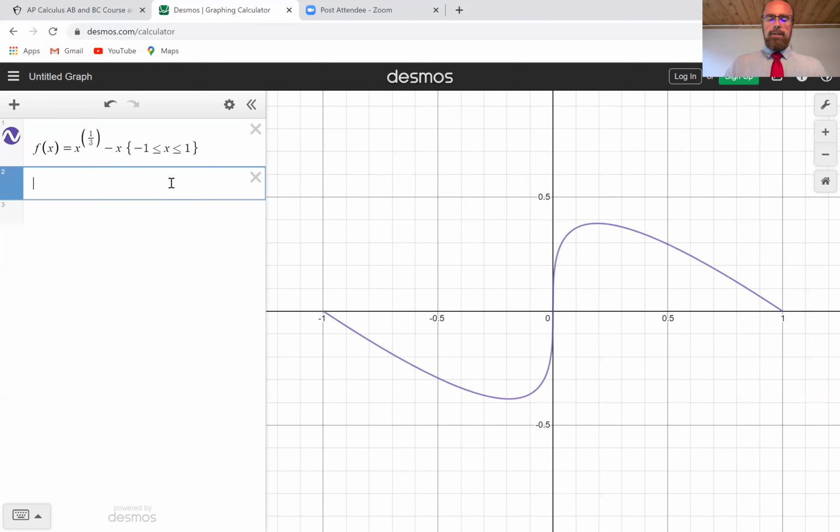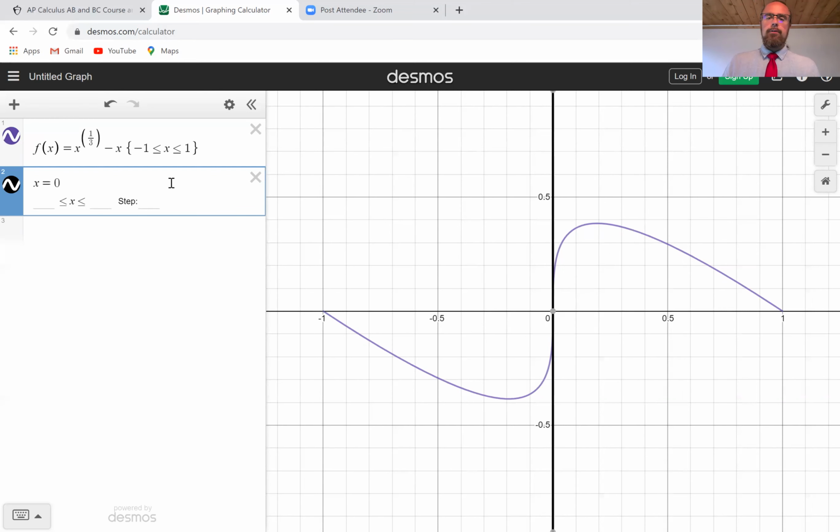Let's go ahead and just place it. It is the line x equals 0. And because the tangent line is vertical here, the function is not differentiable at the x value of 0. And so although this function satisfies the first criteria, it fails the second criteria, the differentiable criteria in Rolle's theorem.